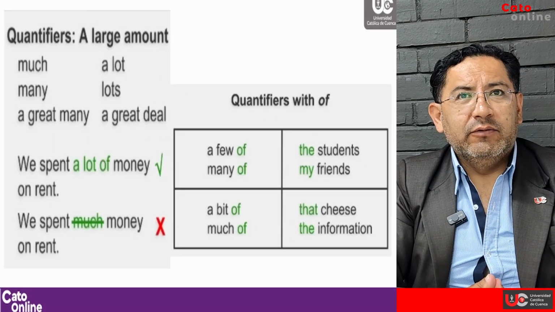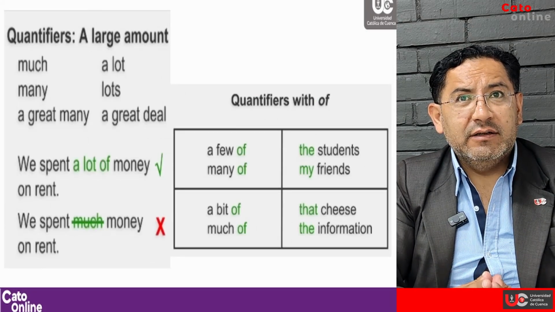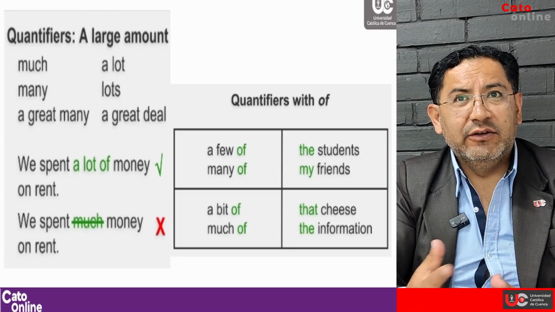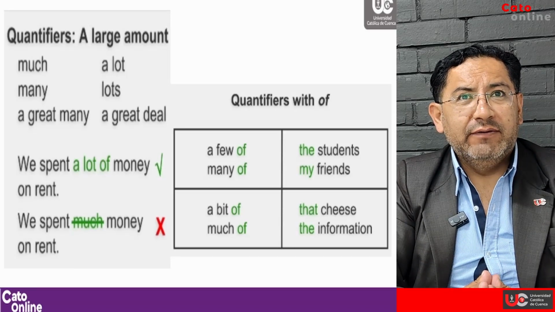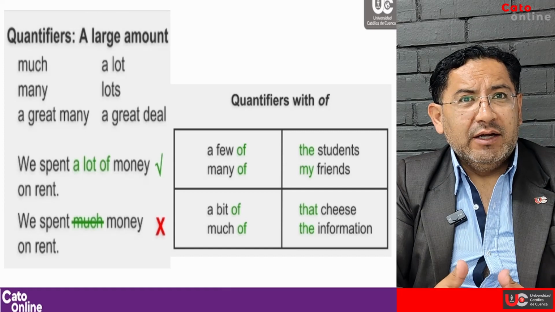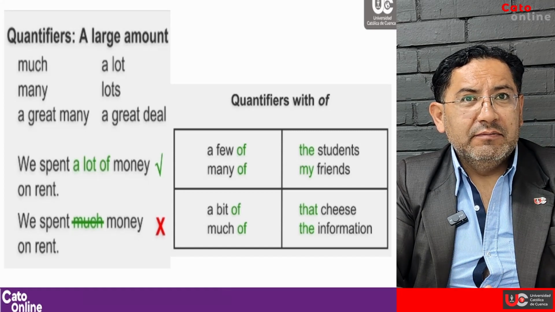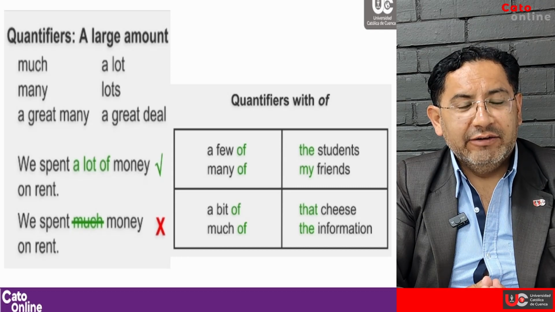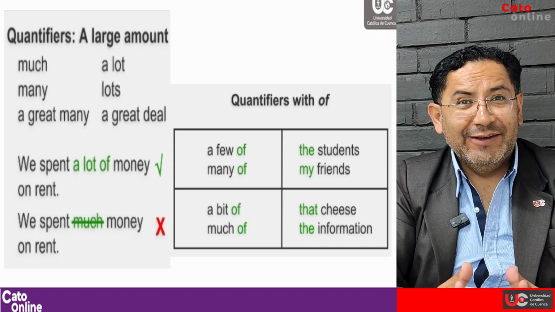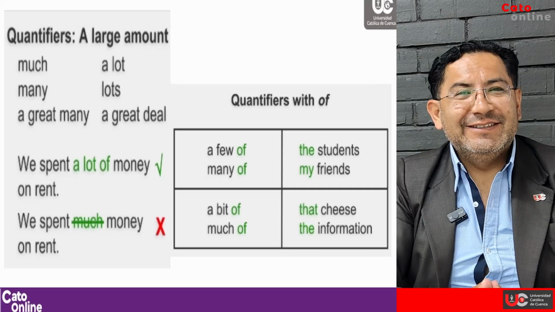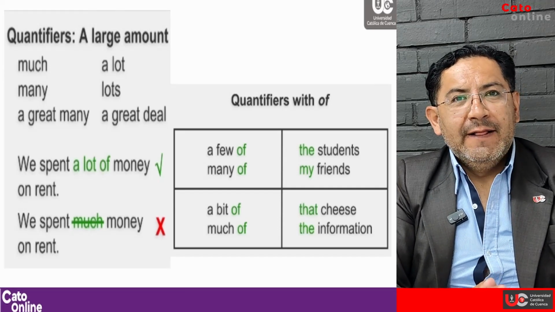Let's continue with a large amount. It is another kind of quantifiers. For example, much, a lot, many, lots, a great many, a great deal. Okay, let's check the examples.